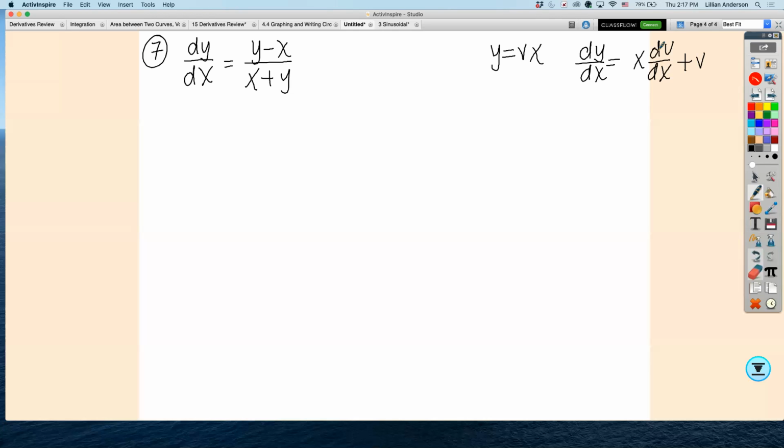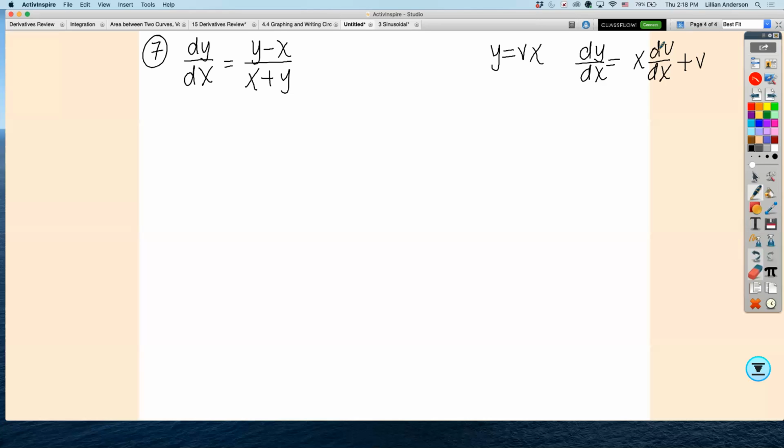I set y equal to vx, so eventually when you do product rule on your side, you should get x dv/dx plus v is equal to v minus 1 over 1 plus v.